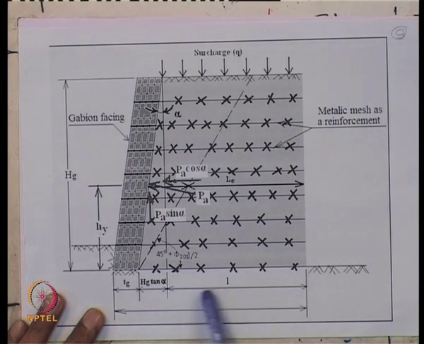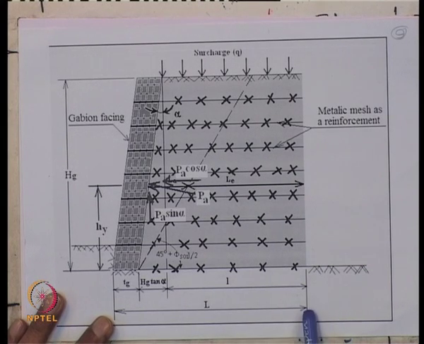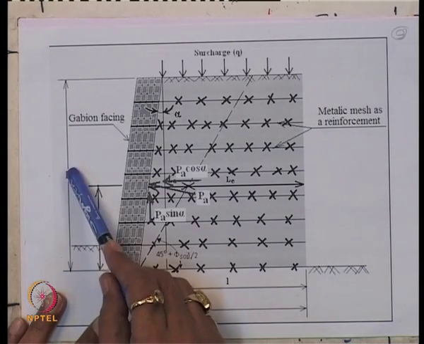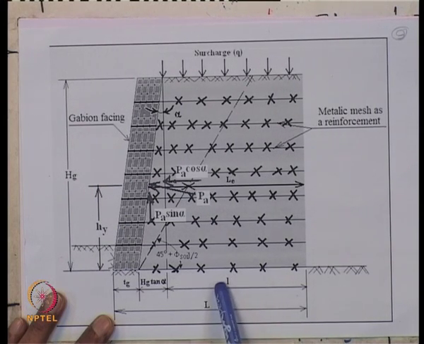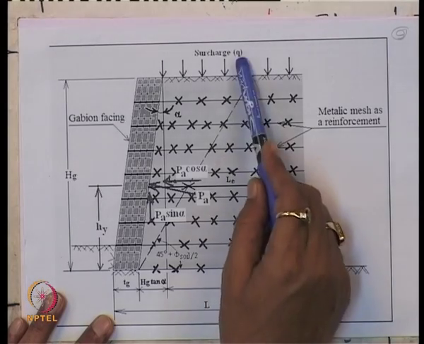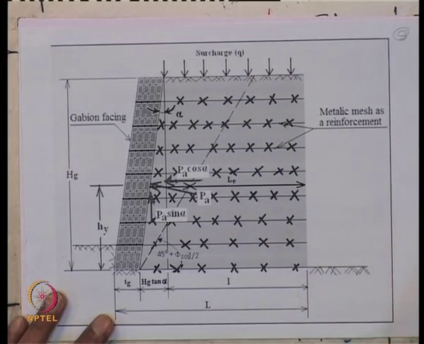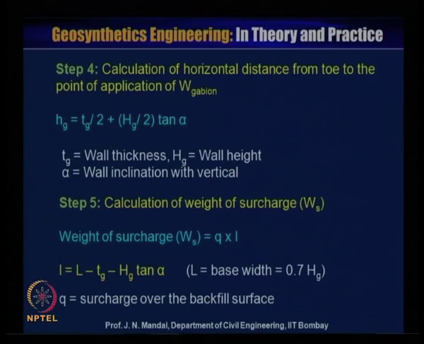This L is equal to the total length L minus Tg minus Hg tan alpha, where L is the base width, that is 0.7 times the height of the wall, Hg. So you know this value, and you can calculate L. So the weight of the surcharge is Q into L. Q is given, L you have calculated, so you can calculate the weight of the surcharge.